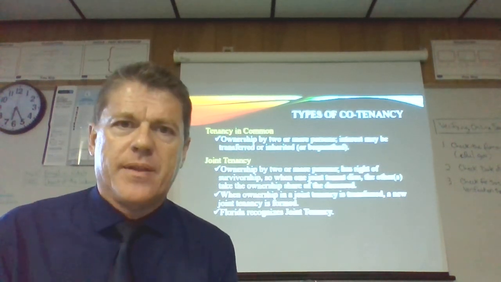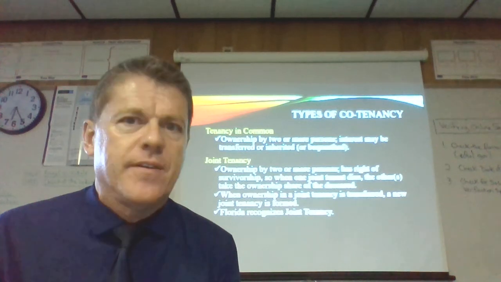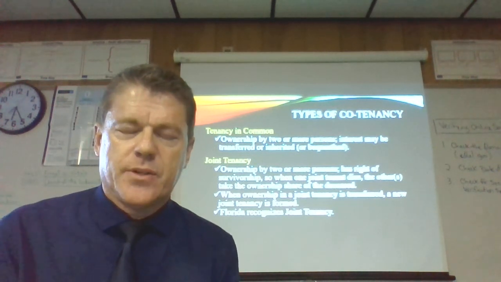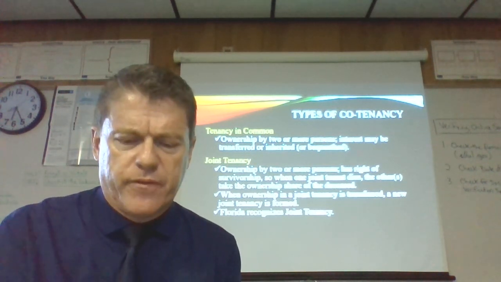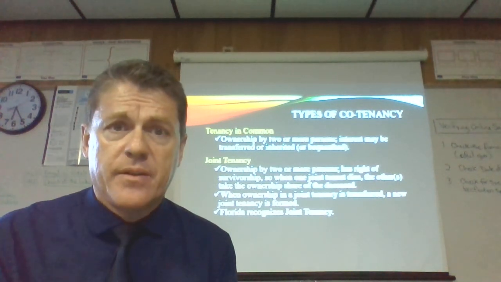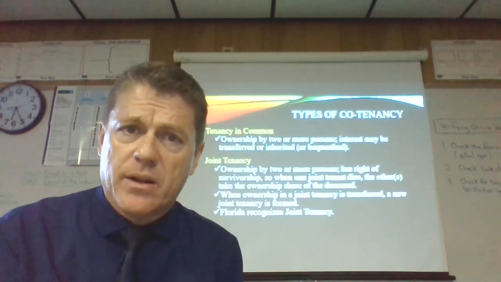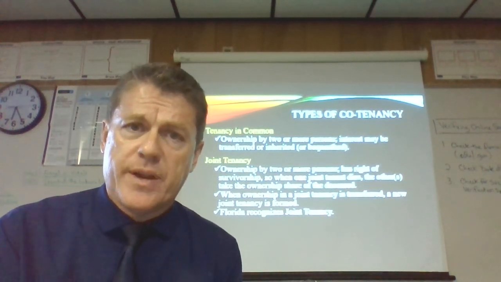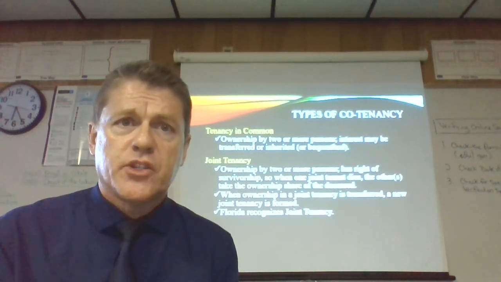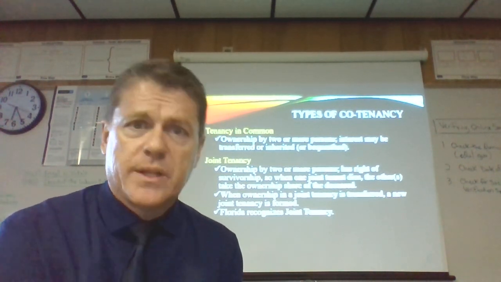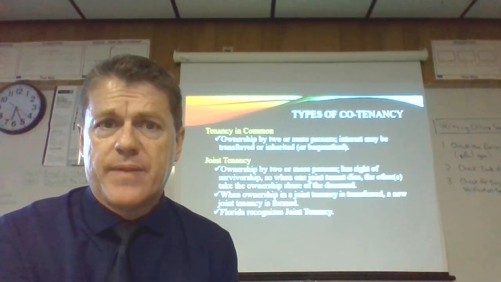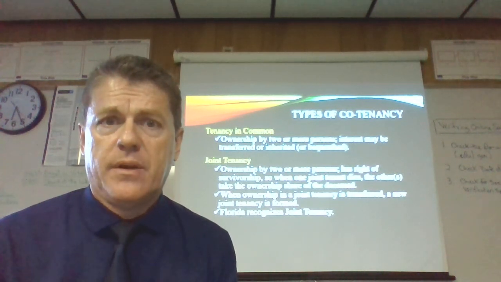Let's say it's 50-50, and years later the friend dies. Even though the title and registration have both your names, you have right of survivorship, so you would claim the entire ownership of that motorhome.